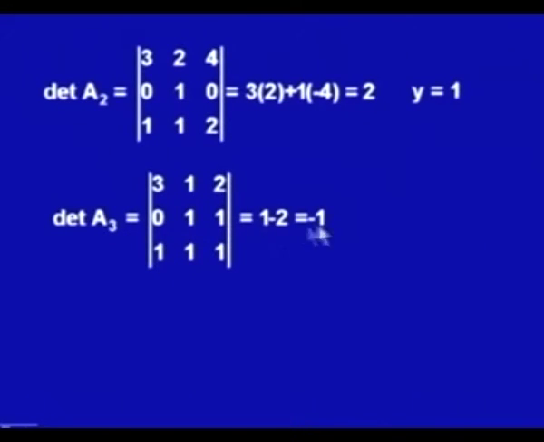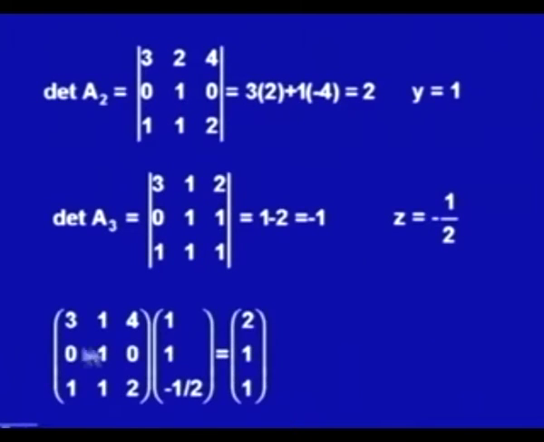So, the result comes out to be minus 1, and then from here I can compute z is equal to minus 1 divided by 2. So, z is equal to minus half. So, my solution is x is equal to 1, y is equal to 1 and z is equal to minus half. Let me check whether it satisfies the given system or not.